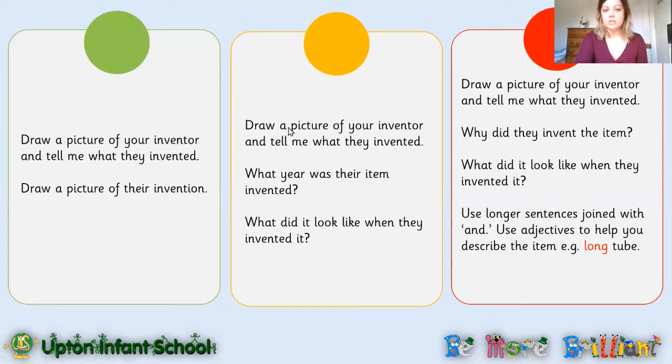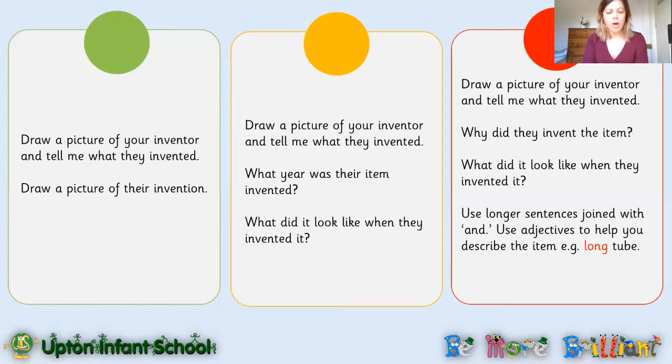For the yellow challenge, draw a picture of your inventor and tell me about what they invented. Can you tell me what year that item was invented and what it looked like when they first invented it? For those of you doing the red challenge, I would like you to draw a picture of your inventor and what they invented.